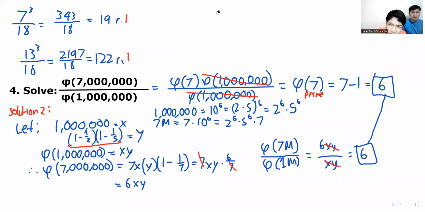But the general formula for any phi function, this is just one of the formulae: phi of x is equal to x times 1 minus 1 over one of its primes. Let x be any composite number. This is the general form.